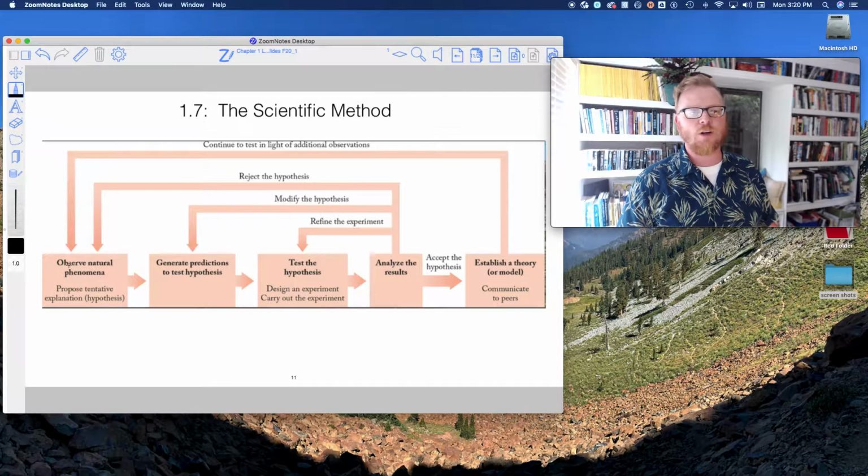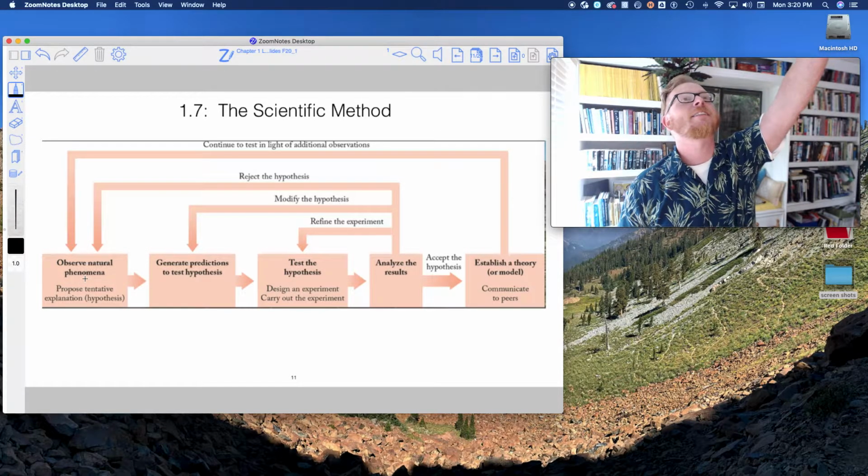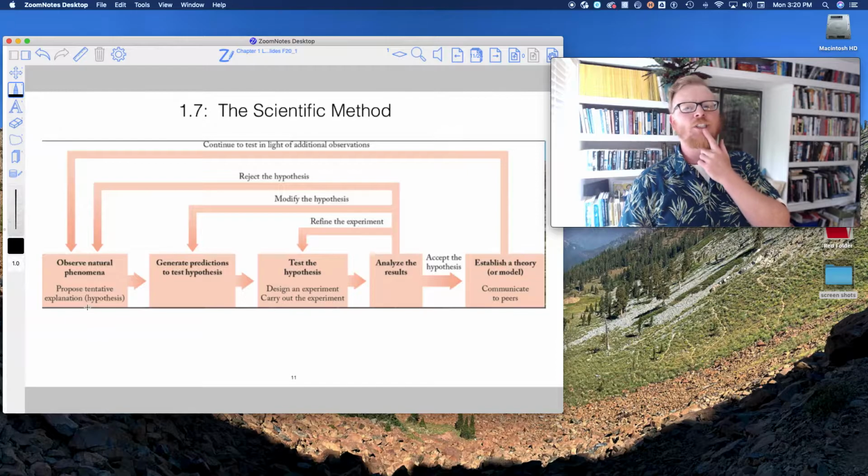Okay, so it starts with observing some natural phenomenon. We see some amazing looking dots in the sky at night, and we have no idea what they are. So we propose a tentative explanation. What if they're giant balls of gas burning hot 1 billion miles away? That would be a hypothesis.